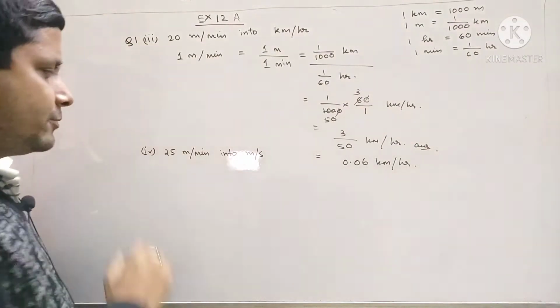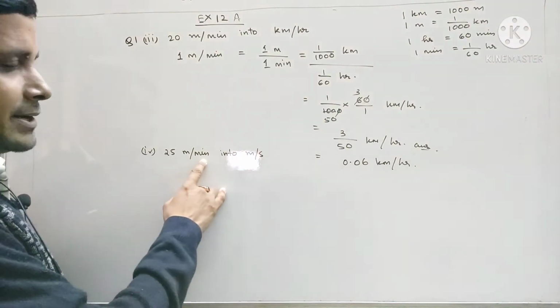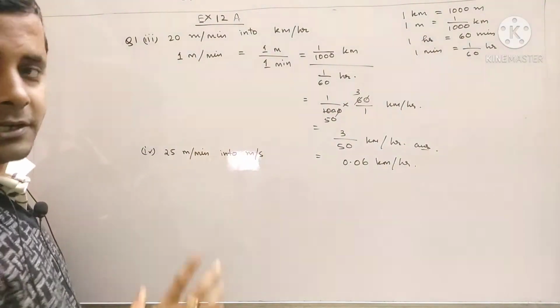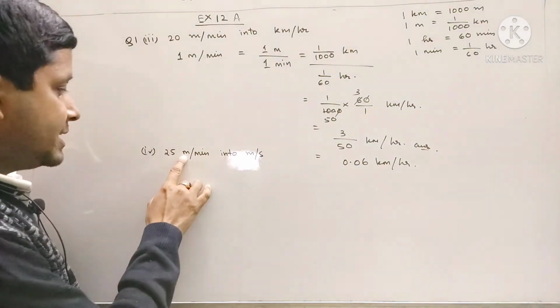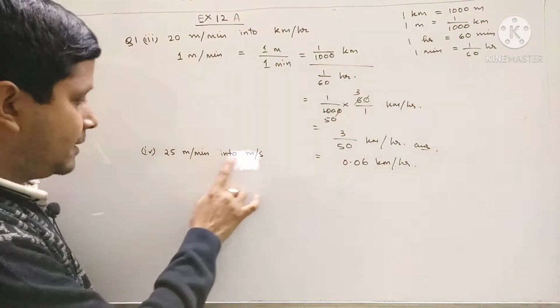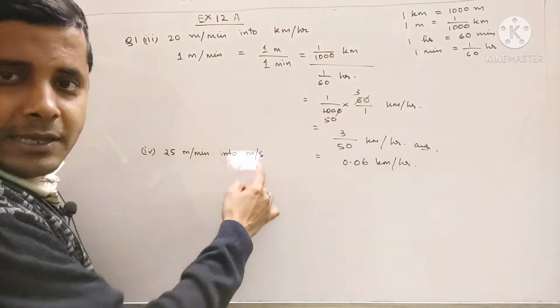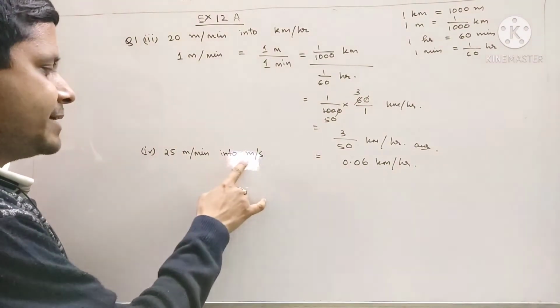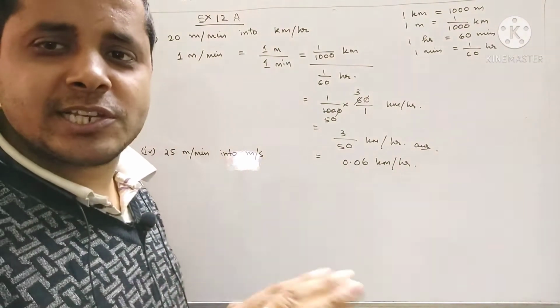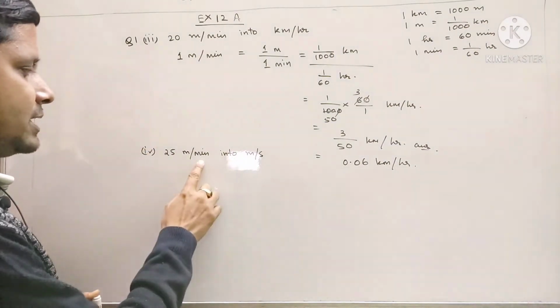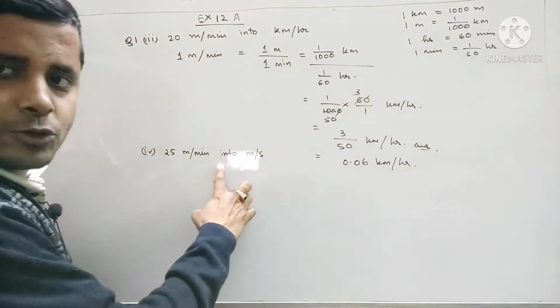Now in bit 4 we have to convert 25 meter per minute into meter per second. Here you see, students, that here also meter, here also meter, but here per minute, here per second. That means the distance is the same, meter and meter, so no need to change any distance. We have to change only from minute to second.